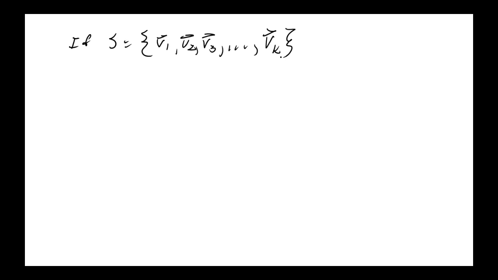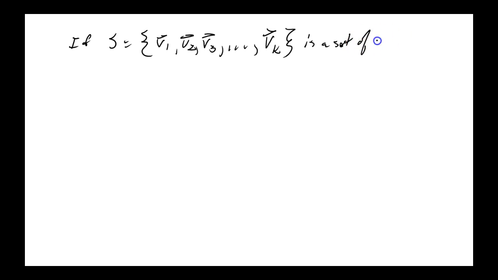So here's theorem 4.7. The span of S is a subspace of V. If S is this set of vectors V1, V2, V3, dot, dot, dot, up to VK, is a set of vectors, and this is redundant too. That's obviously a set of vectors. That's why you write it that way.